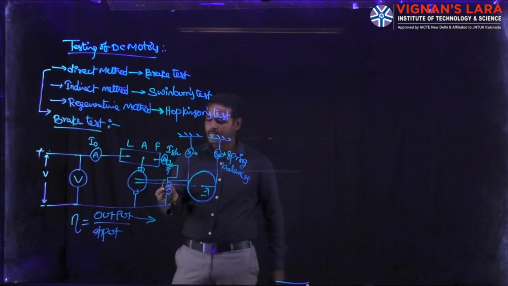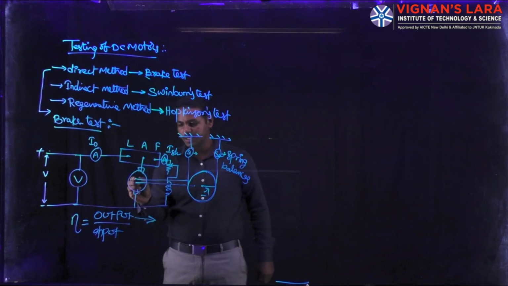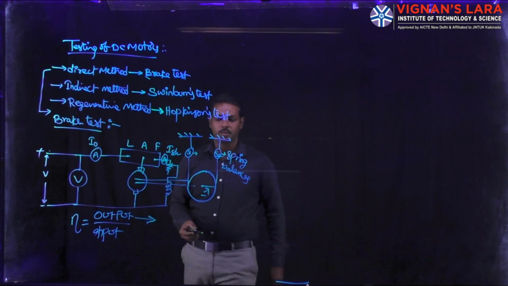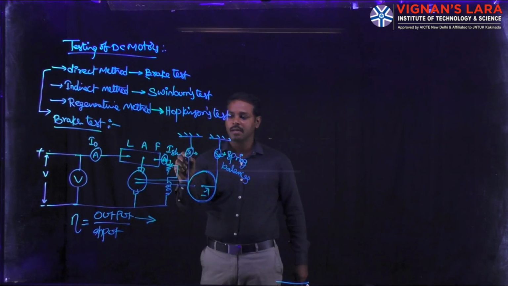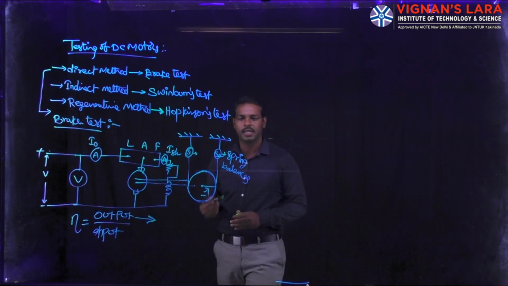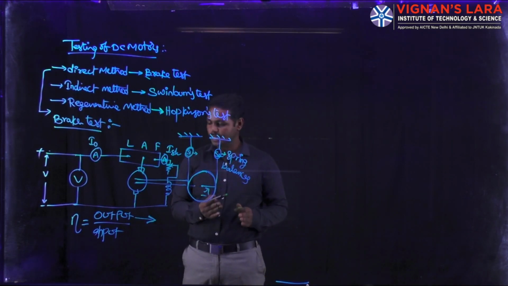After reaching the rated speed of the armature, the shaft of the armature is directly connected to the pulley. S1 and S2 are the two spring balances, which measure the suspension weight of the motor, calculated in terms of kg weights.